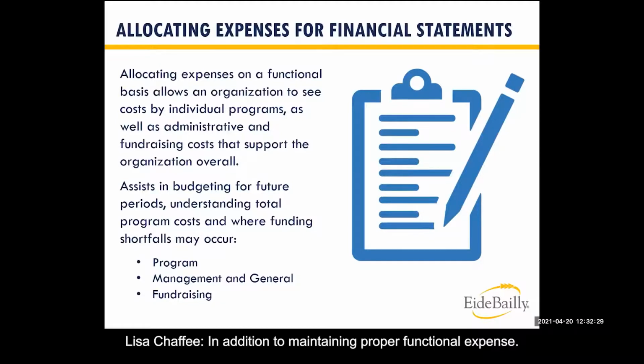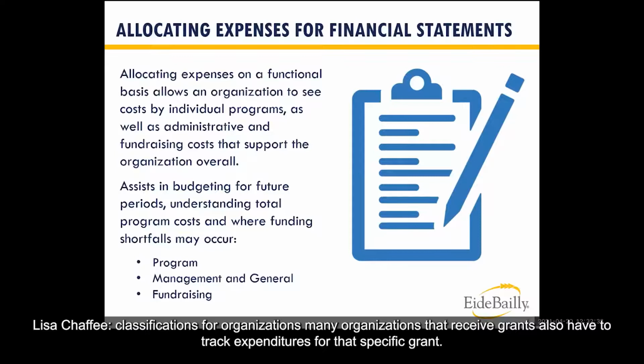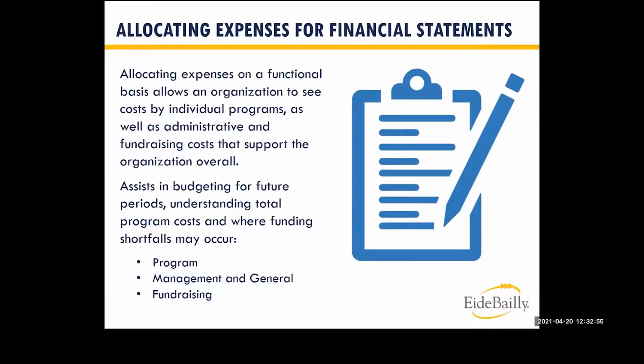In addition to maintaining proper functional expense classifications for organizations, many organizations that receive grants also have to track expenditures for that specific grant. There are accounting systems that will track this now through an app or even through the building of a dashboard. So there are a lot of ways to make this process, which in the old school was kind of a hassle, easier.